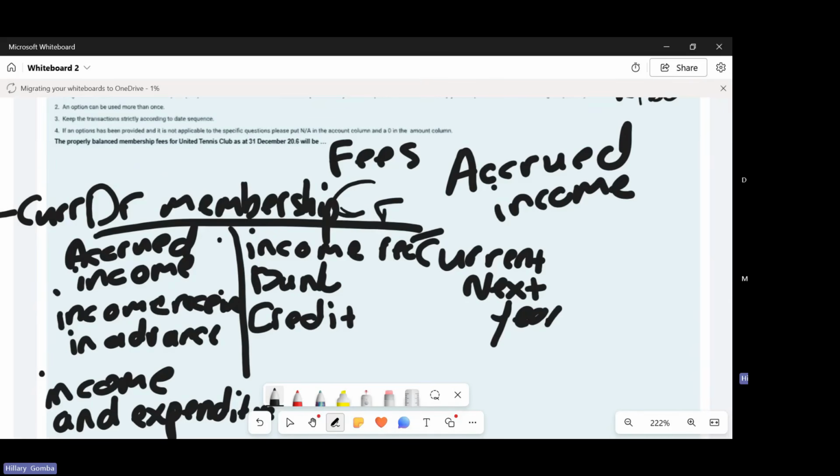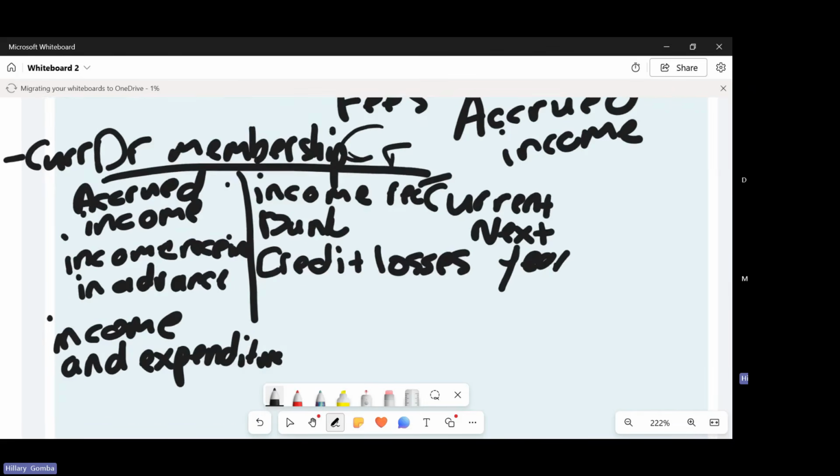I'm going to show you the examples as we read on the questions so that you understand. So you have your credit losses, and then you have your accrued income. So this is your credit side. That's how it looks. So debit side, we have accrued income, income received in advance, and income and expenditure. And on the credit side, we have income received in advance, bank, credit losses, and accrued income.